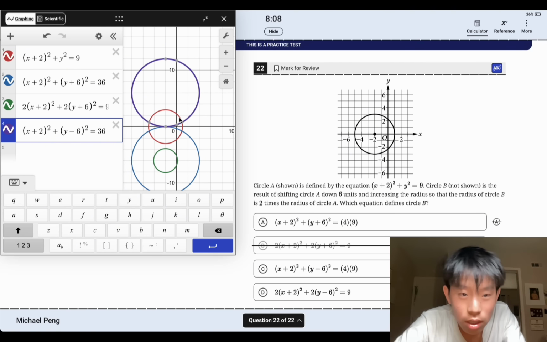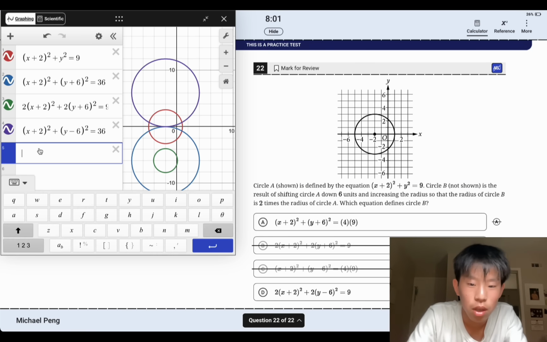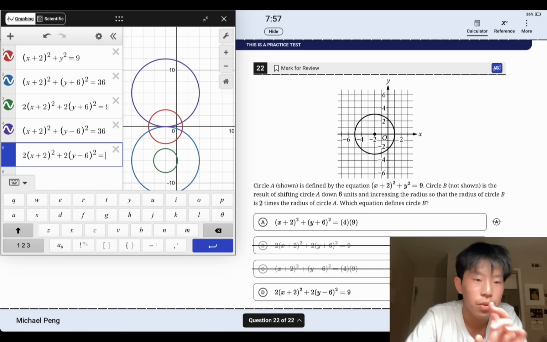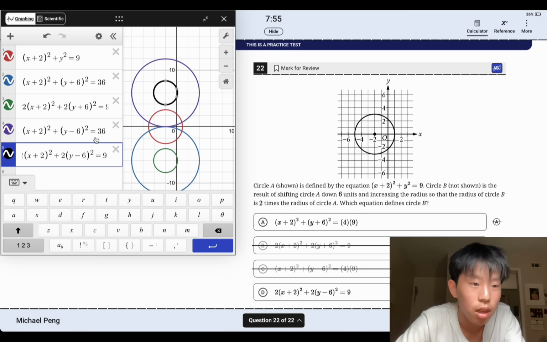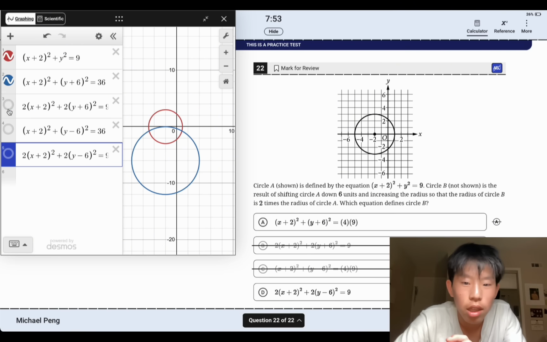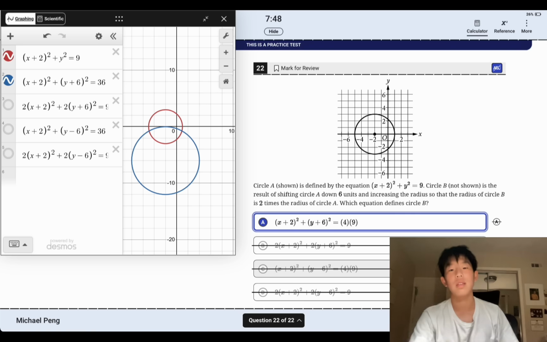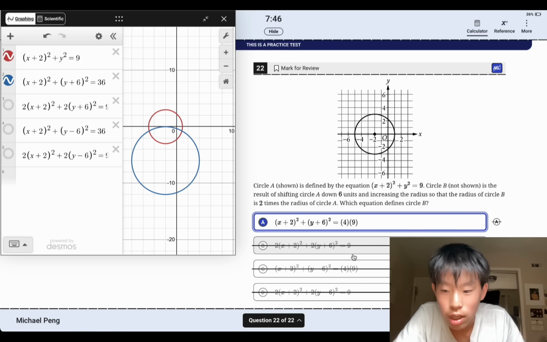Does that look like it went down 6 units? Definitely not. It looks like it went up 6 units. So, wrong. What about this one? 2x plus 2 squared plus 2y minus 6 squared equals 9. Does it look like it went down? Nope, it didn't. So our answer is A, because none of the other ones went down, and this guy went down, but its radius decreased.